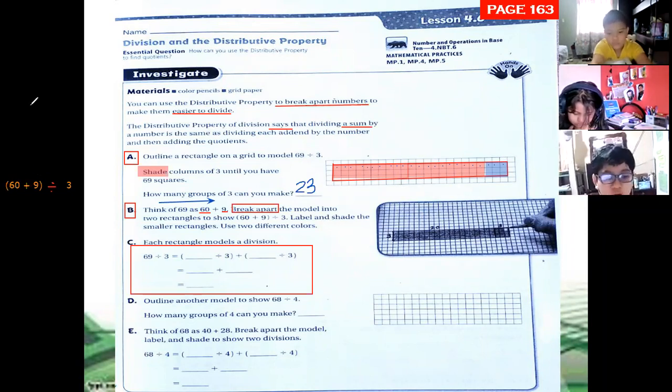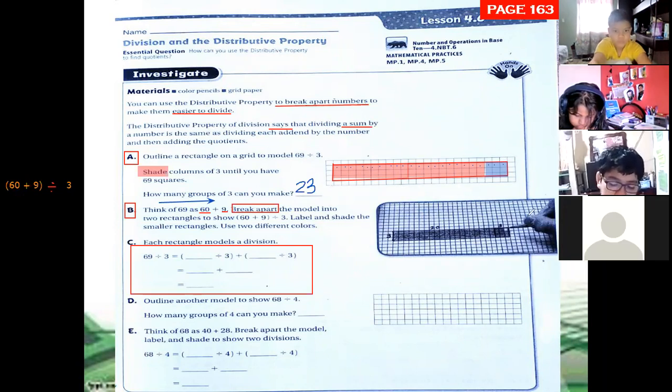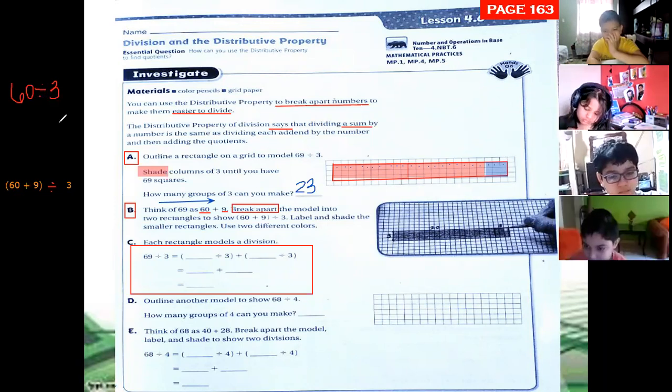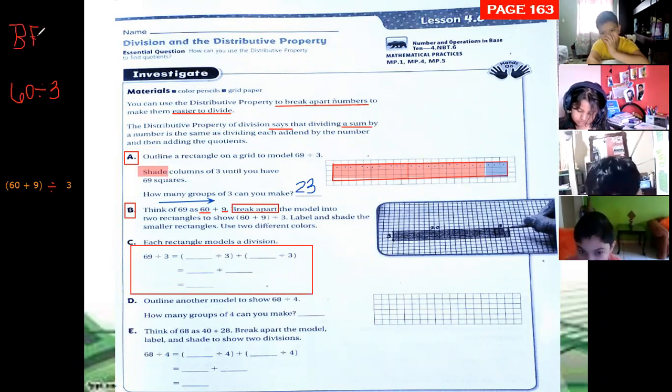We already know how to divide these. 60 divided by 3, how do we do it, class? We need to find in the table of 3 the basic fact, which is 6 divided by 3.